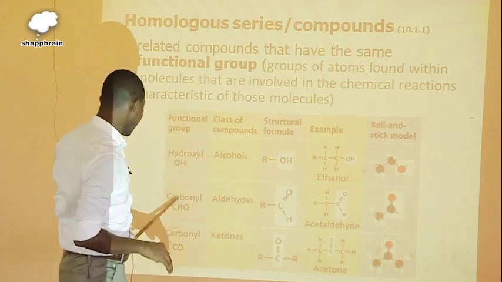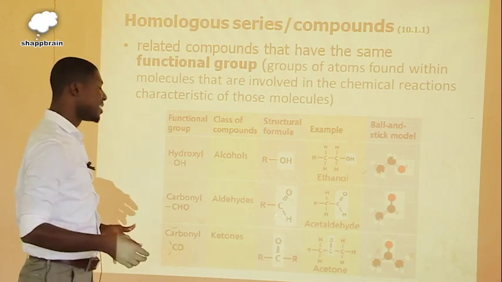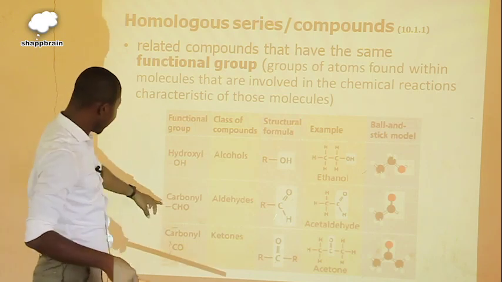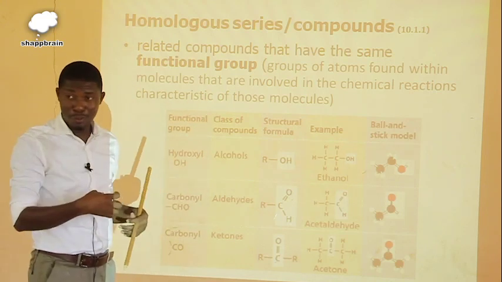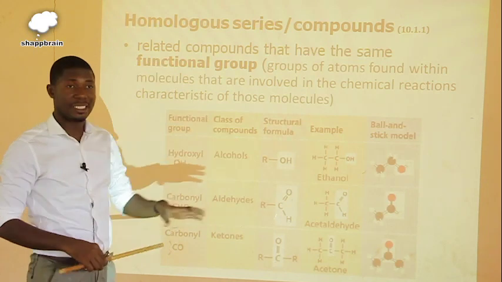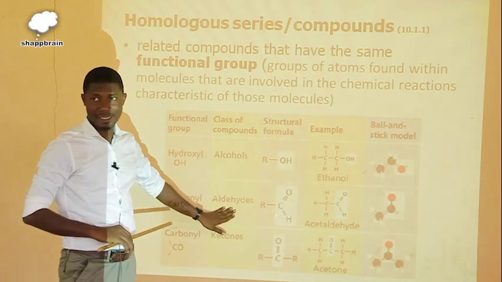Good. Then the carbonyl group, which is -CHO. If you see CHO attached to an alkyl group, then that compound is called an aldehyde.